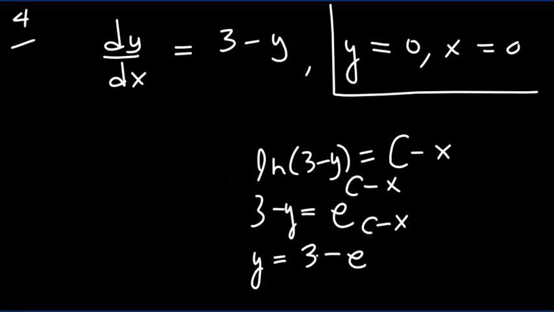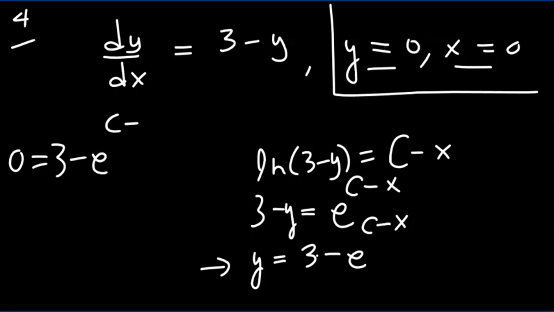We are told that when y is 0, x is 0, or when x is 0, y is 0. So putting the condition inside this equation, we get 0 equals 3 minus e to the power c minus 0. So e to the power c is 3.